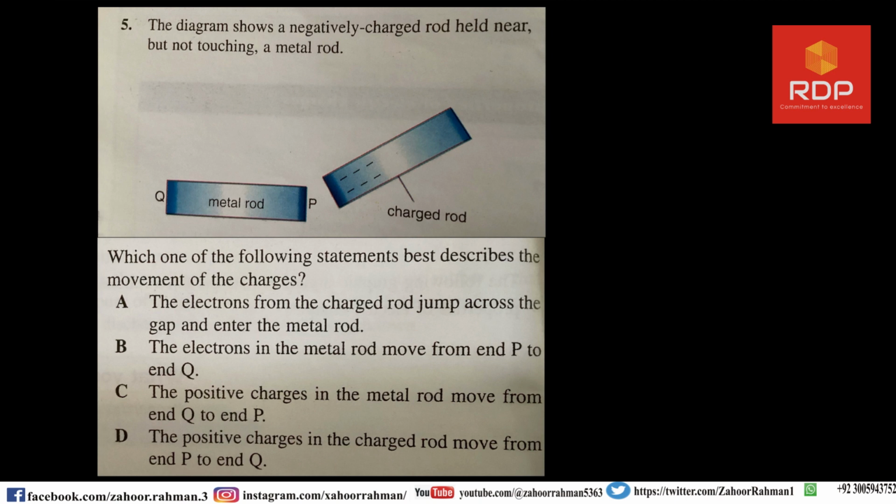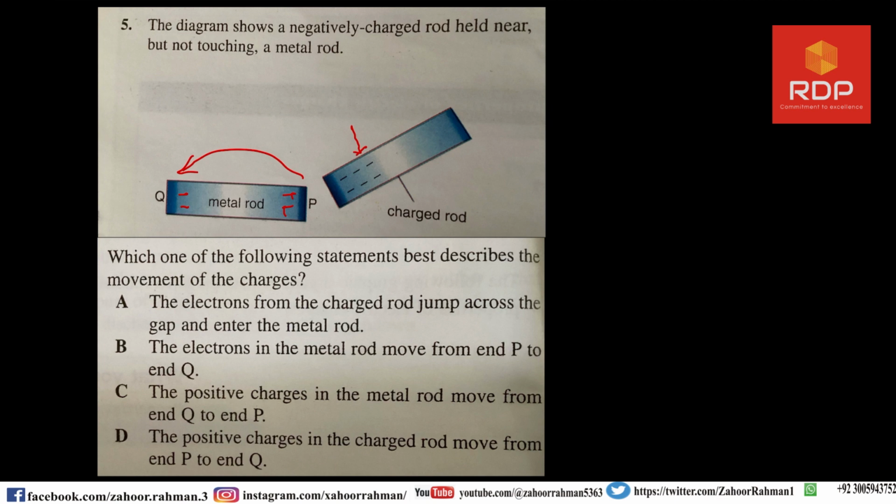Let us discuss first that if this is negatively charged, negative charges will move to the farthest side. They will move from P to Q, because same charges repel each other.